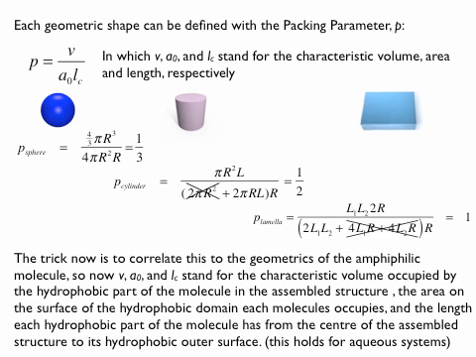You can roughly calculate the volume, because you know the dimensions. The cross-sectional area would be maybe the size of the sulfate head group, and the characteristic length would be the length of this C12 chain in the case of SDS. Then you put those numbers in and see where it works.